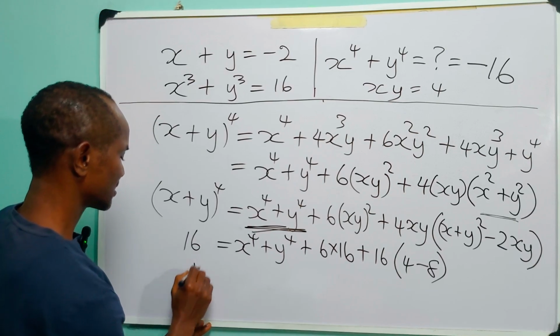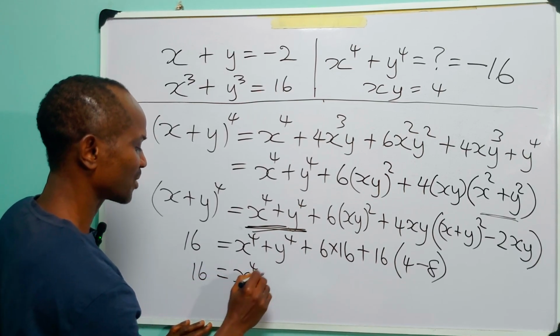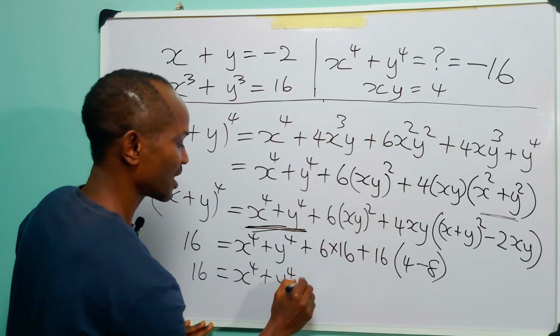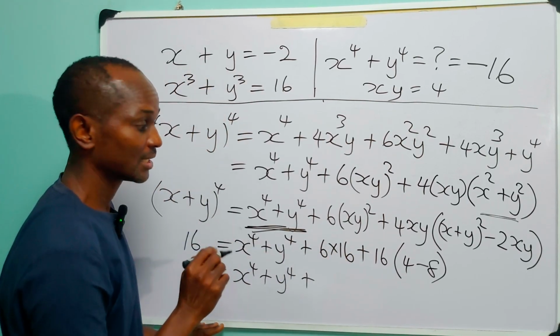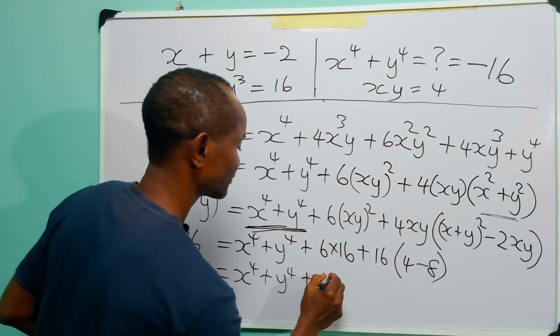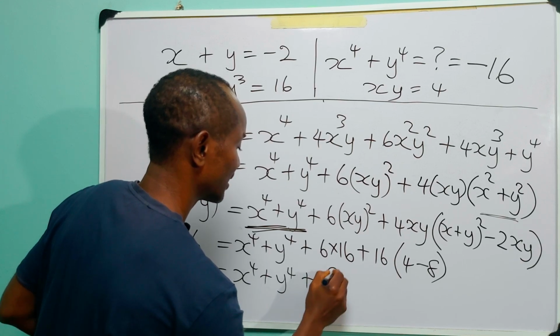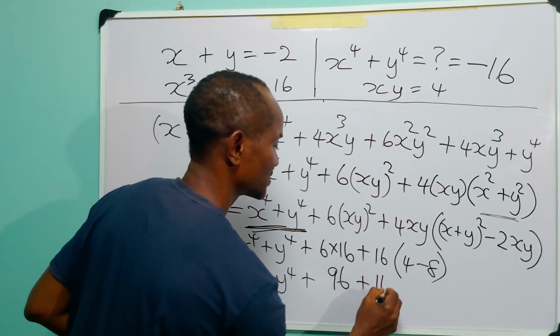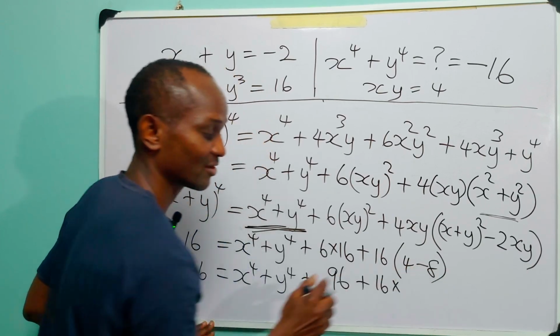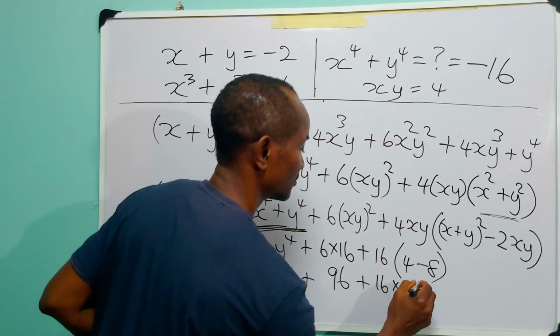So here we have that 16 is equal to x raised to power 4 plus y raised to power 4 plus 6 times 16 is 96 plus, now we have 16 times 4 minus 8 is minus 4.